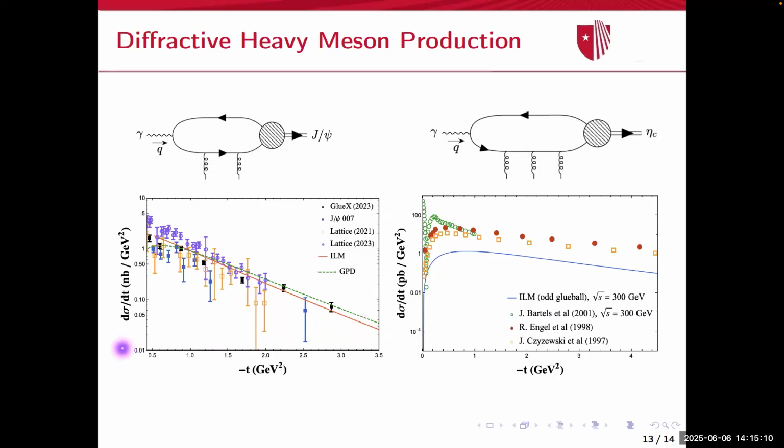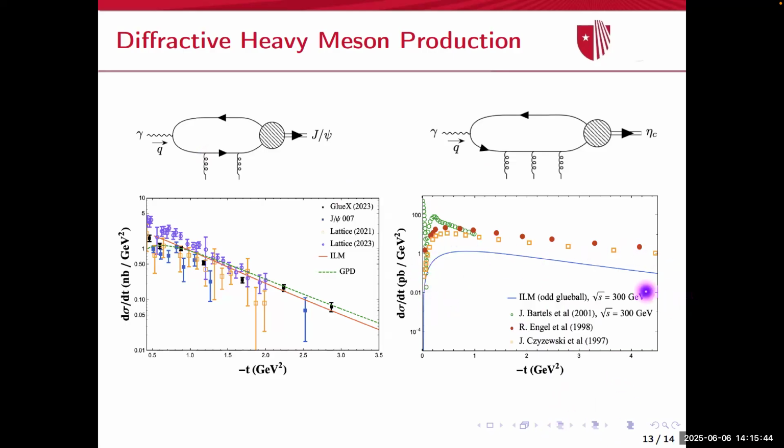Except for this 2 gluon probe, we also have the 3 gluon probes. And sometimes people will say this is related to the Pomeron, this is related to the Odderons. We don't have the experimental result yet for this part, but we compare with other phenomenological models from Bartels, Engel and Ivanov.